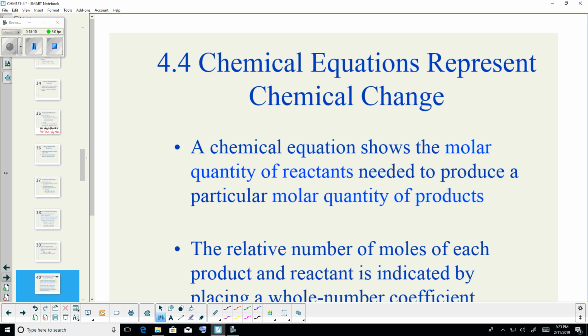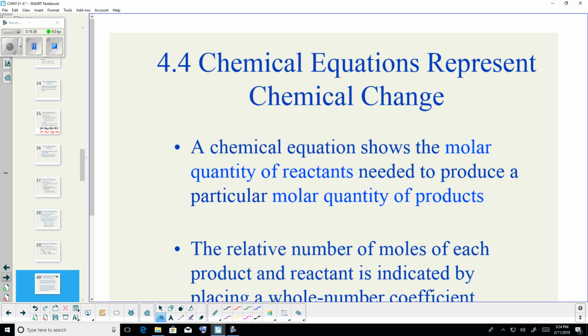So a chemical equation shows the molar quantity of reactants needed to produce a particular molar quantity of products. What does that mean? If we go back to our bread example, the numbers, the 1, the 2, and the 1 are the molar quantities. Those numbers in front are called coefficients.